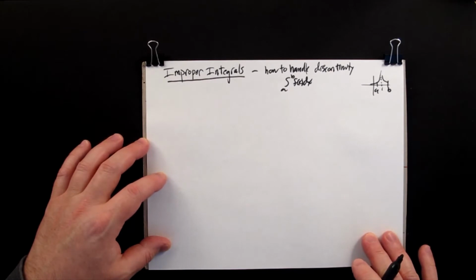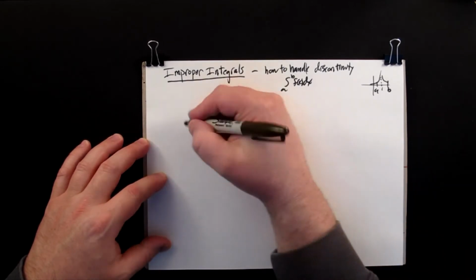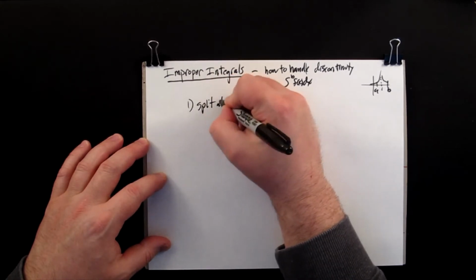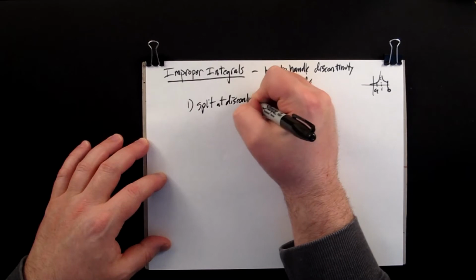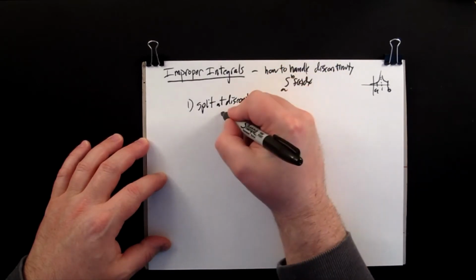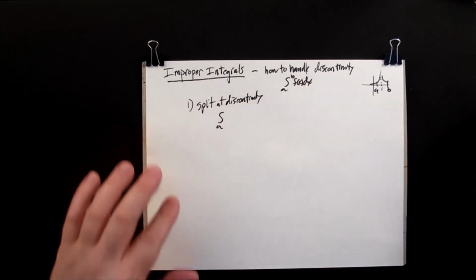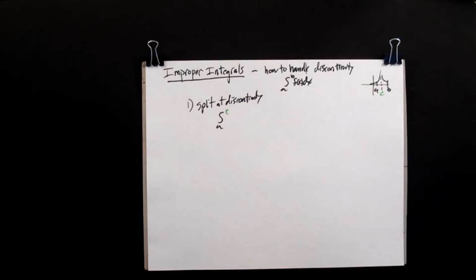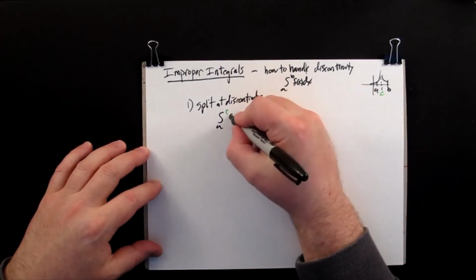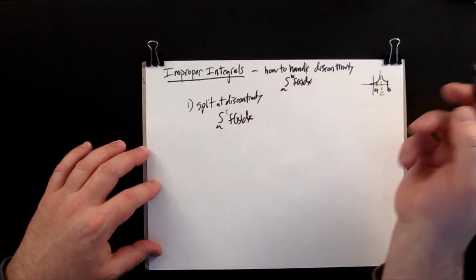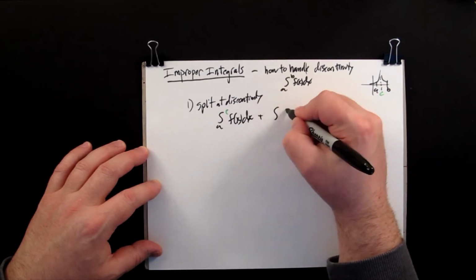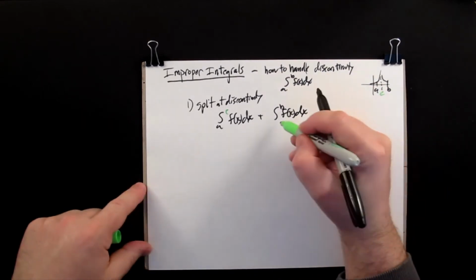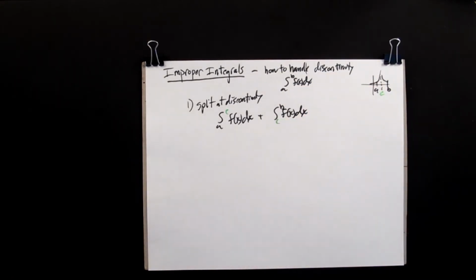Okay, so the first step is you split at discontinuity. So you split it up in the middle into two separate integrals.